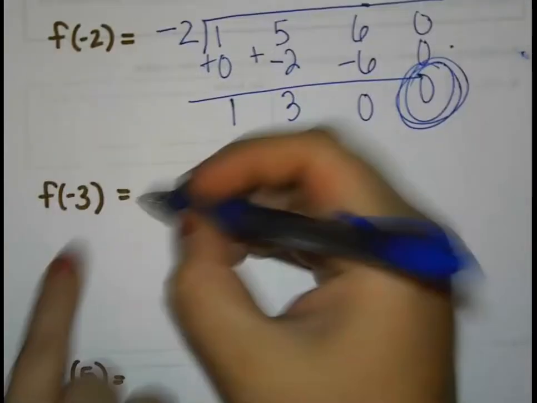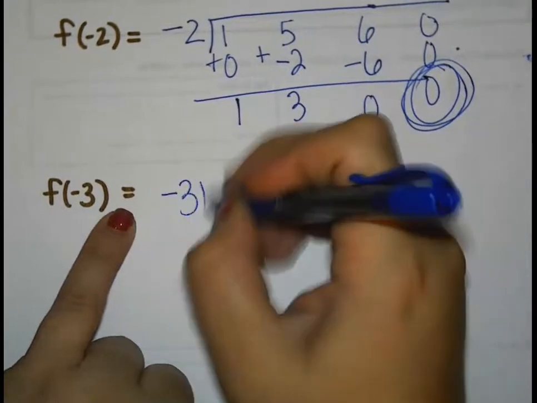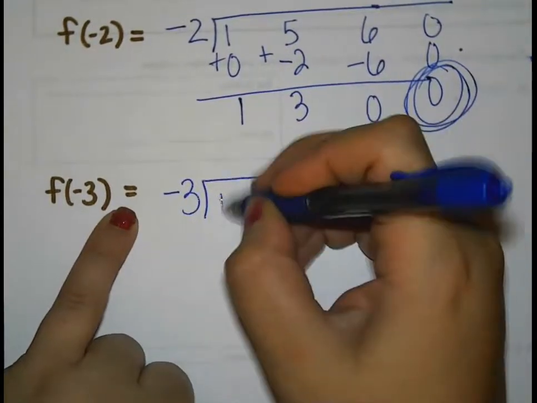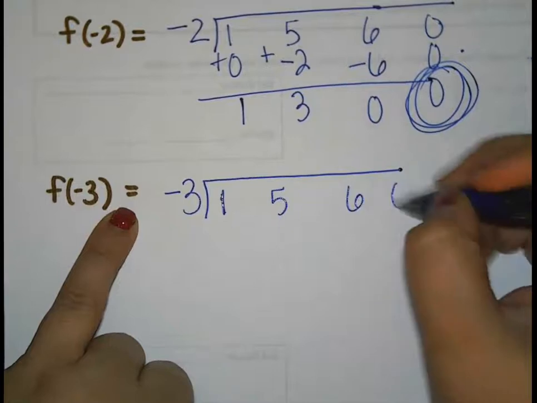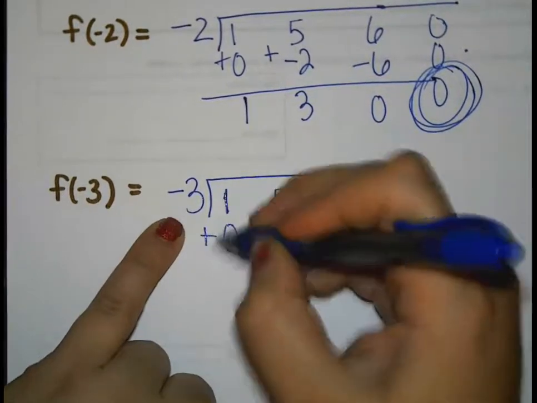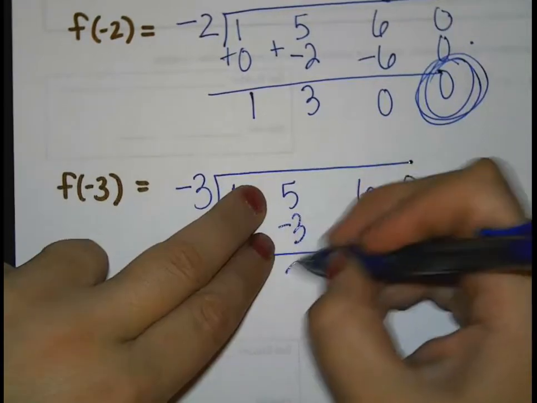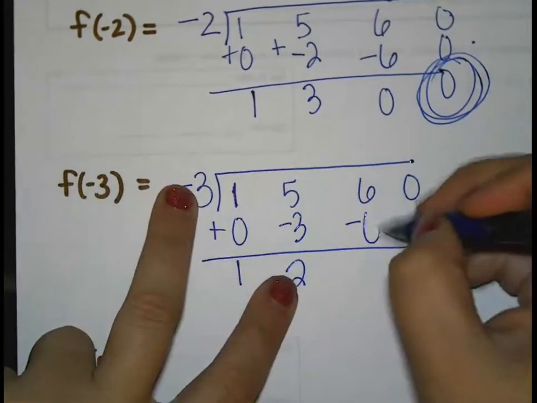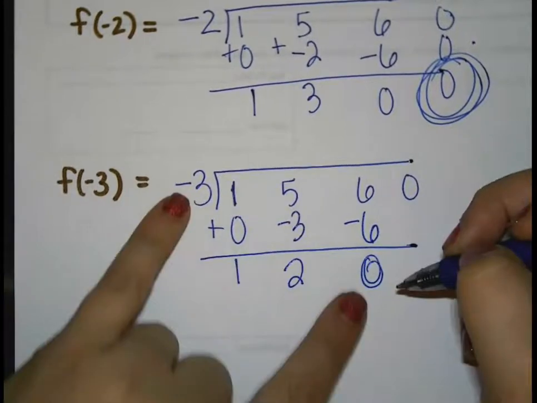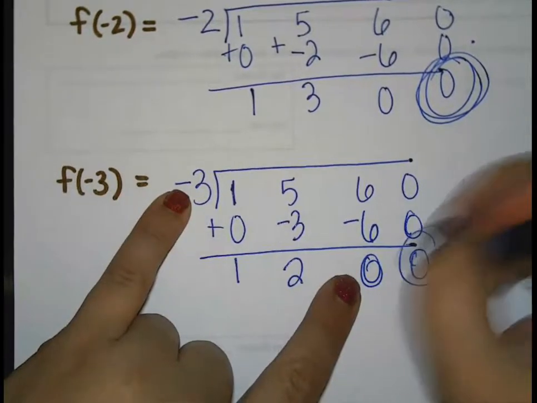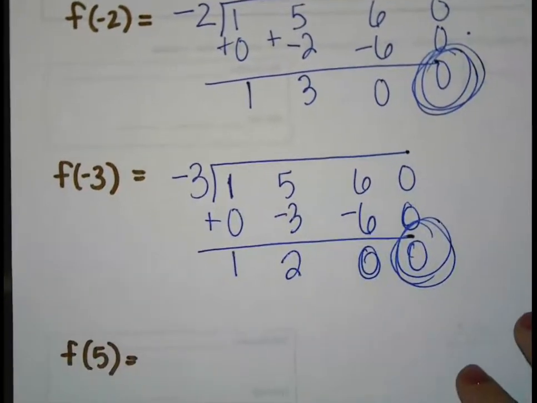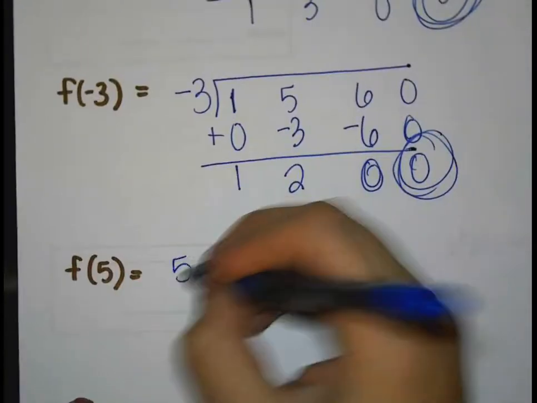Okay, let's do this one. So -3, and then I put my numbers here, and then put a 0, and then I add, multiply, add, multiply, add, multiply, add. So I get a remainder here of 0. Okay, let's try the next one.